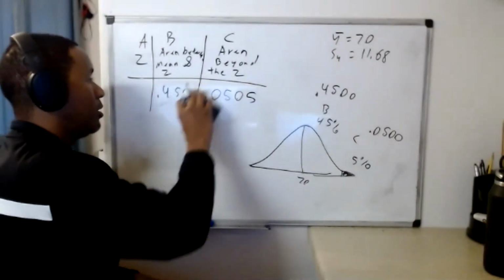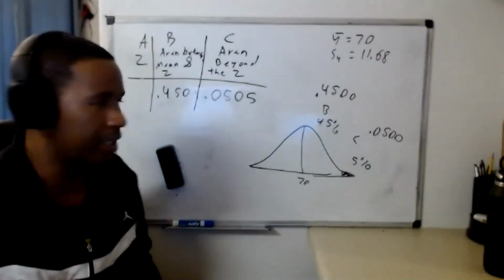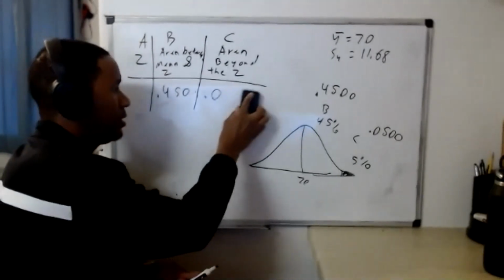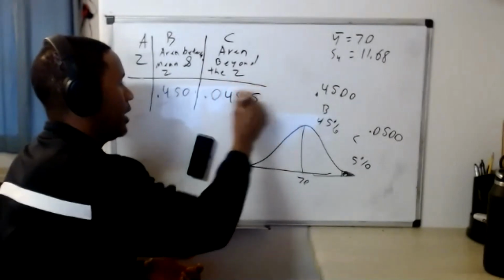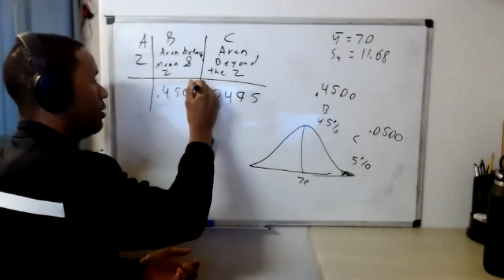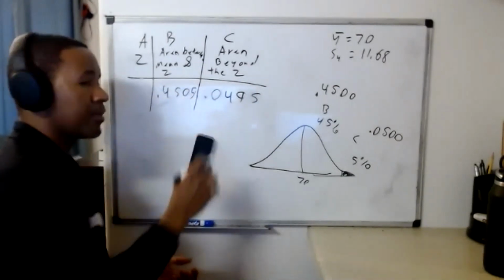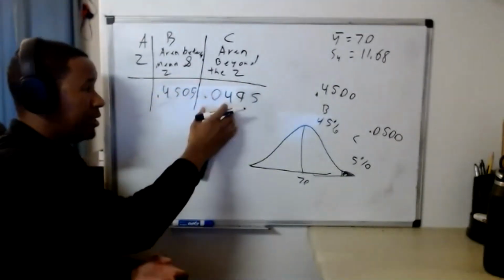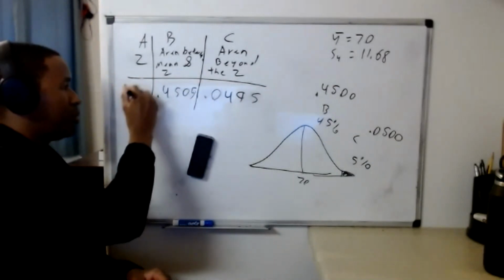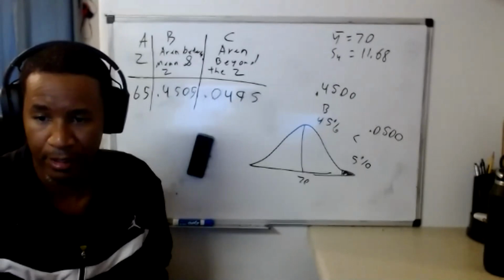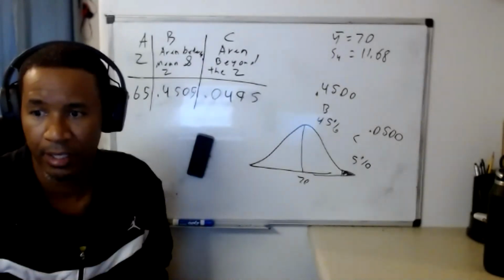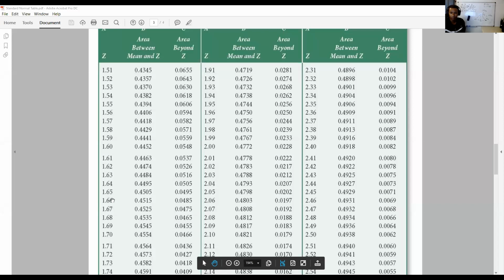Here, 0.0495, and here 0.4505, and this B and this C correspond to a Z value equal to 1.65. I'll jump back to that so y'all can see. 1.65 is the closest to 0.4500 and 0.0495.